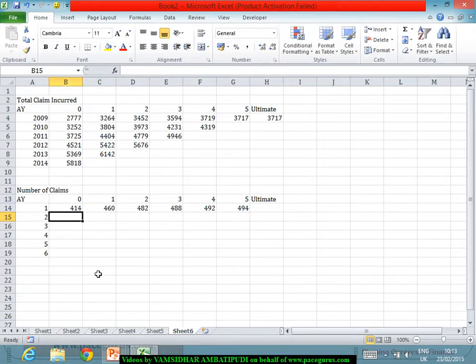The same logic I can extend for all the years. I'm considering how many claims got settled in each of the situations.